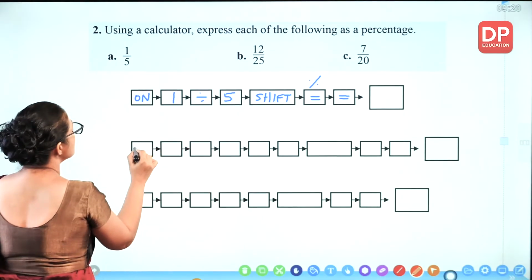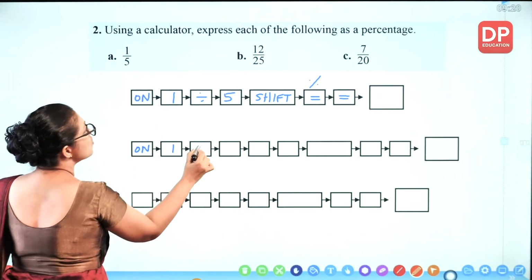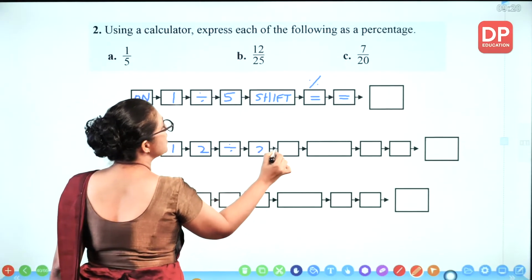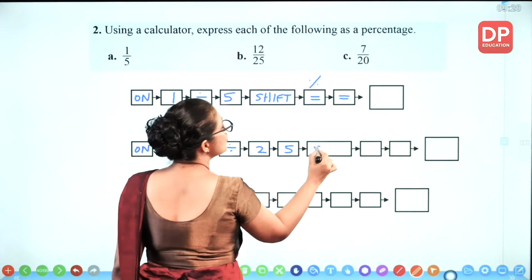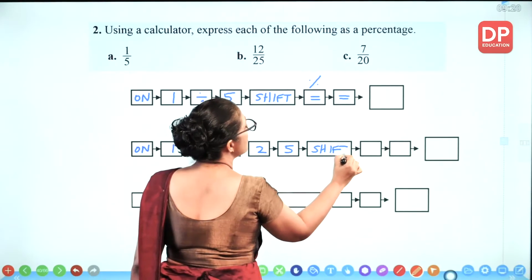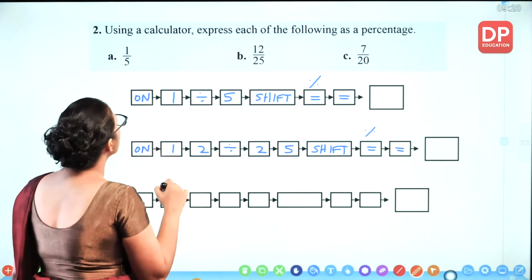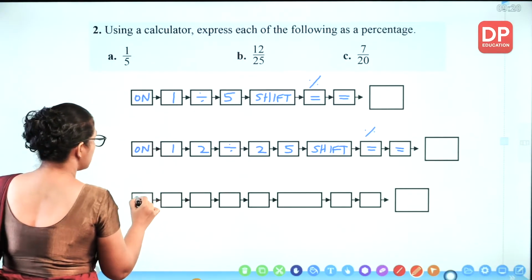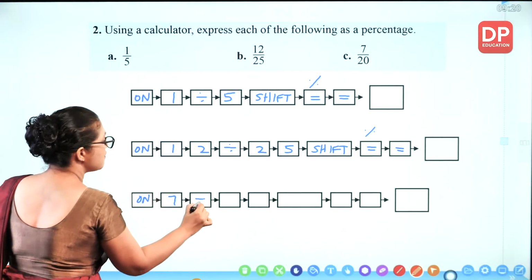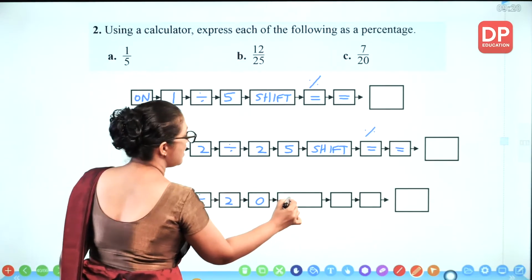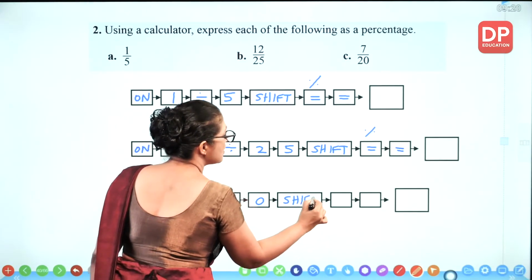This one, switch on the calculator. 12 divided by 25, shift and the percentage sign. 7 over 20. Switch on the calculator. 7 divided by 20 and the percentage sign.